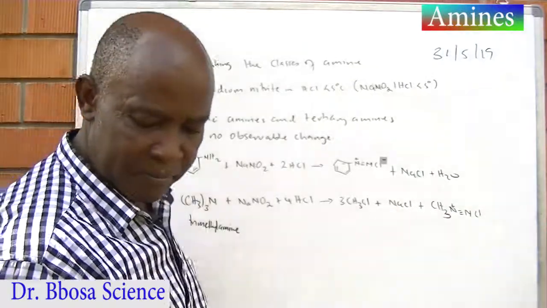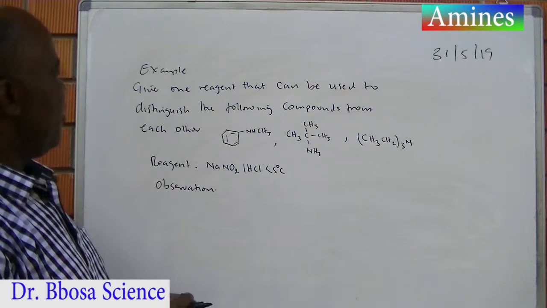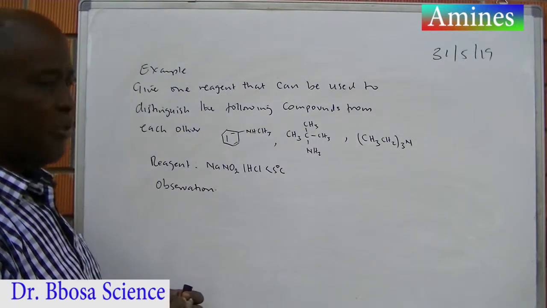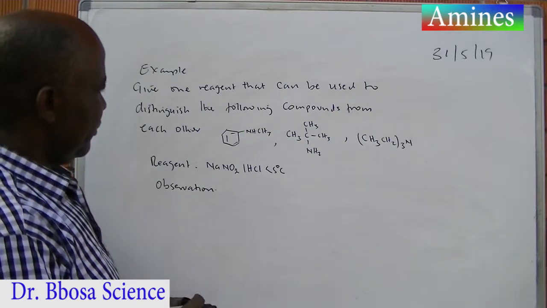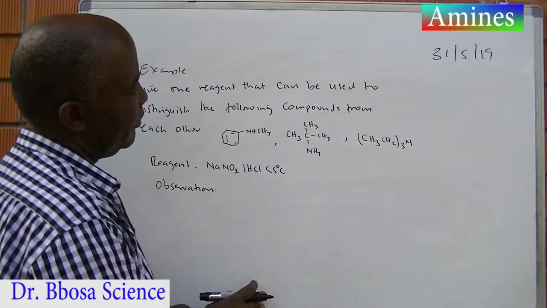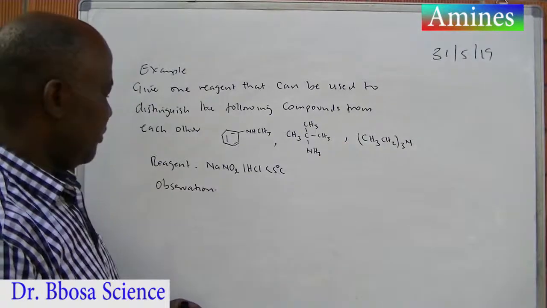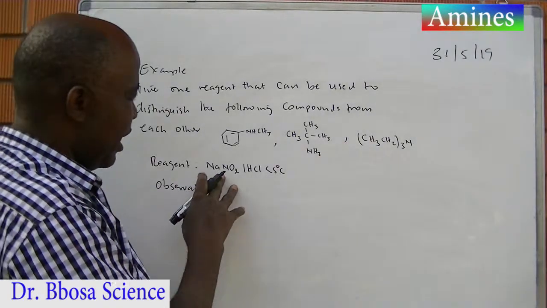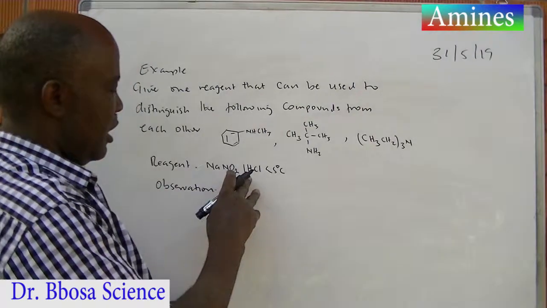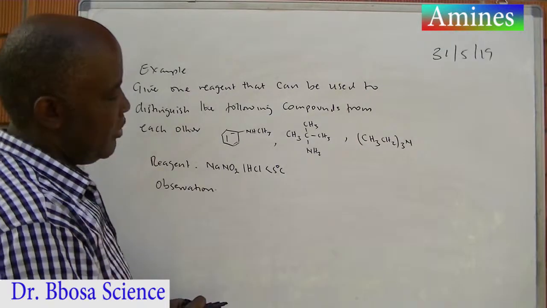observation. Example: give one reagent that can be used to distinguish between the following compounds from each other. The compounds are phenylmethylamine, then this one and that one. The reagent is sodium nitrite, not sodium nitrate, in the presence of HCl at a temperature less than 5 degrees.